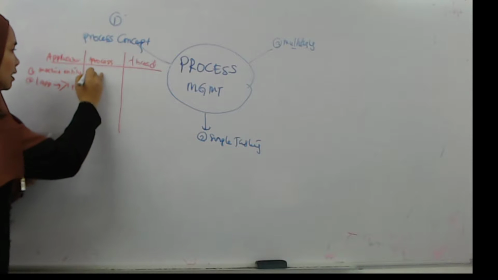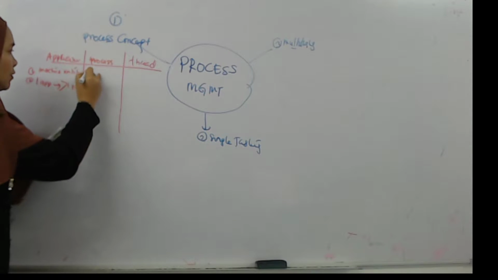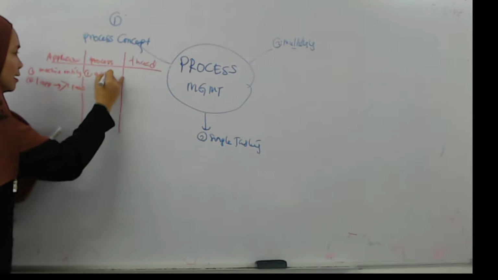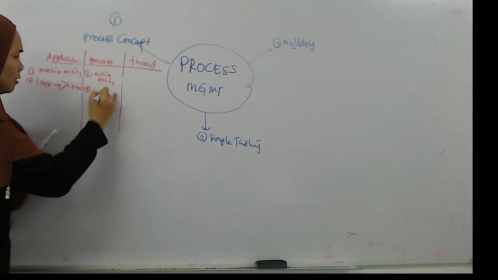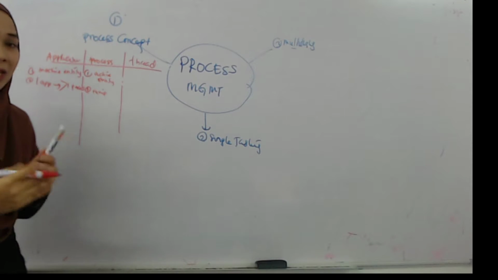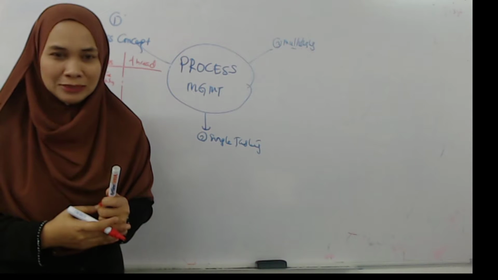Alright, how about process? Process we call as active entity, ataupun kita panggil is running program, executable punya program, executing punya program. The program that is currently running, we call as a process.